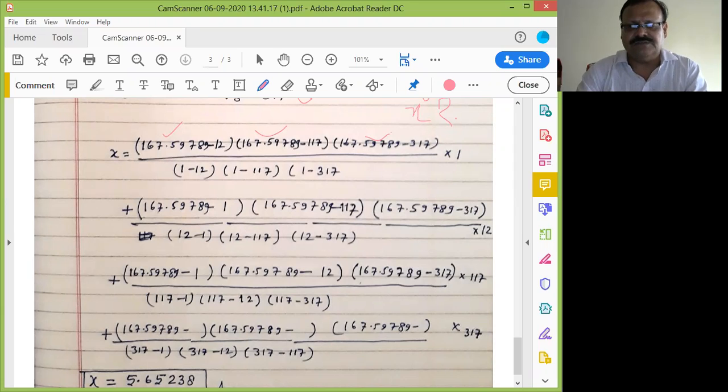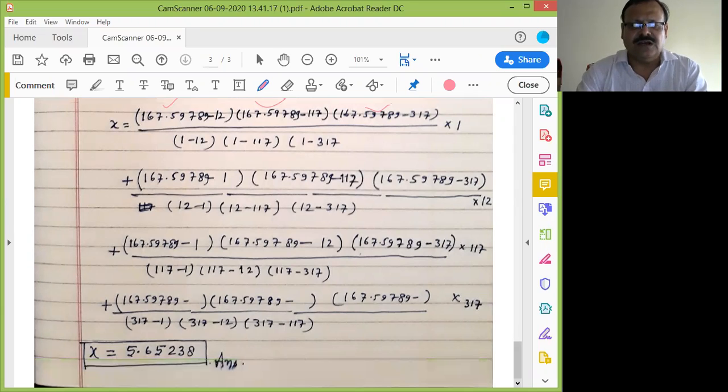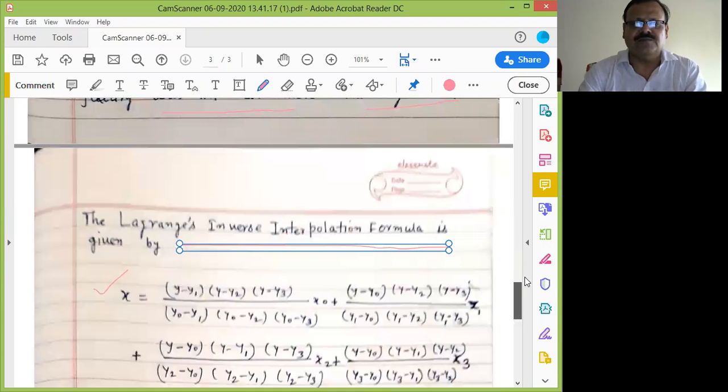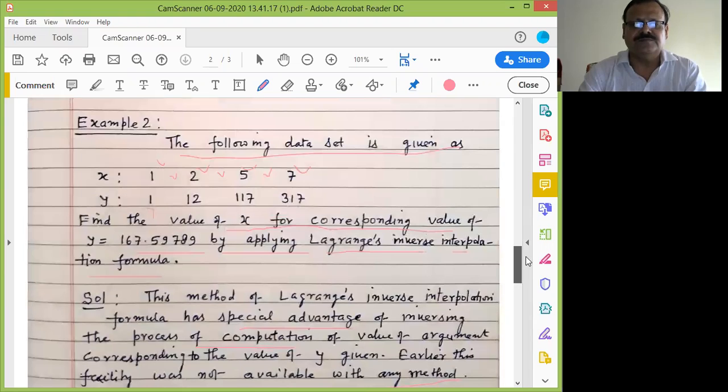When we substitute these values and simplify, we get the value of x as 5.65238, about 5.65. What was the y?